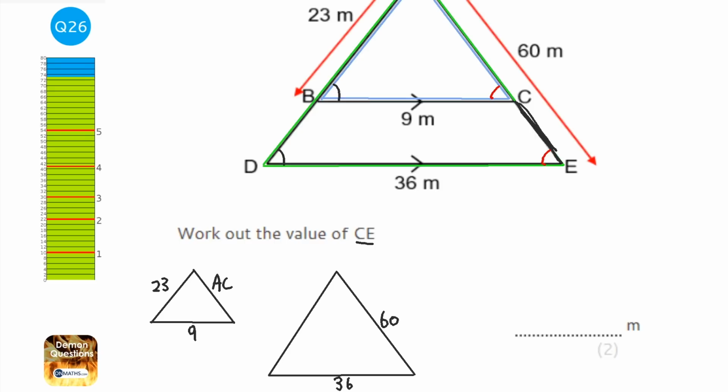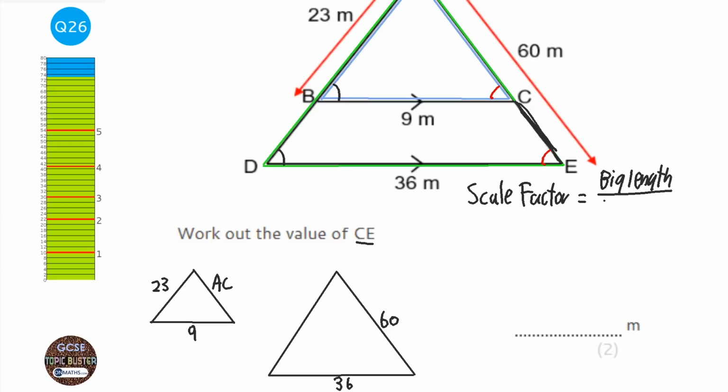Okay, to do that, I need to work out what the scale factor is. And for the scale factor, all you need is a length on both of the triangles which is corresponding, which means it's the same position on the two different triangles. And to do that, we do big length over small length.